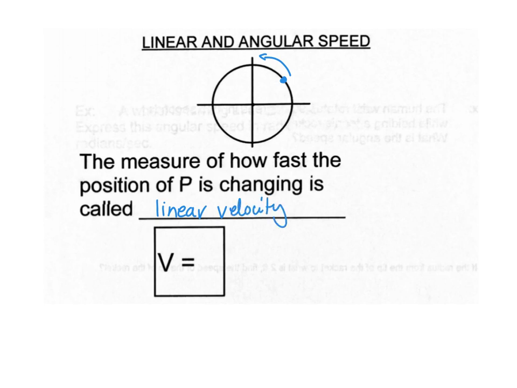And we abbreviate linear velocity with the uppercase letter V, and that is the distance you travel over time. Or another measure of it would be arc length over time.